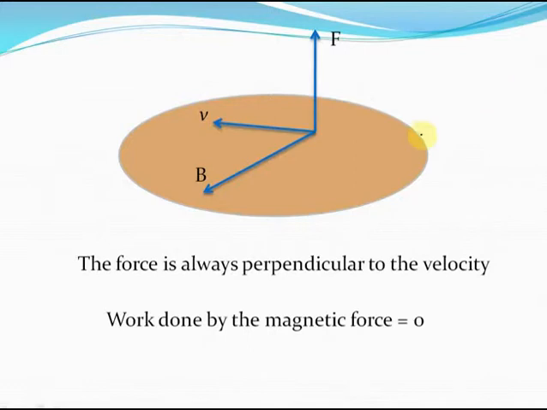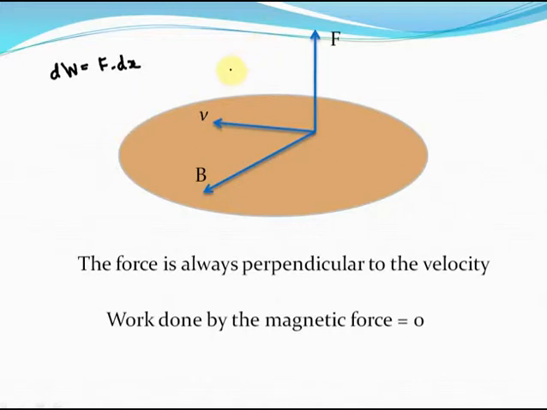You see, the net work done in infinitely small time by the magnetic force is dW equal to F dot dx, isn't it? Now, in the case of the magnetic force, what happens is that the magnetic force is always perpendicular to the velocity, isn't it? And the direction of the instantaneous displacement at any point is the same as the direction of the velocity, isn't it?